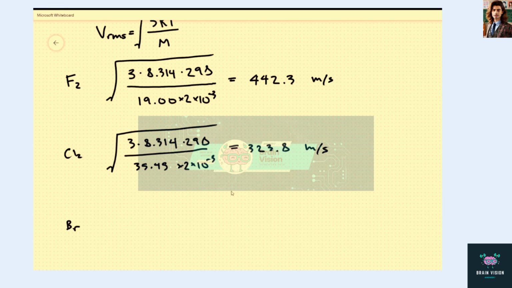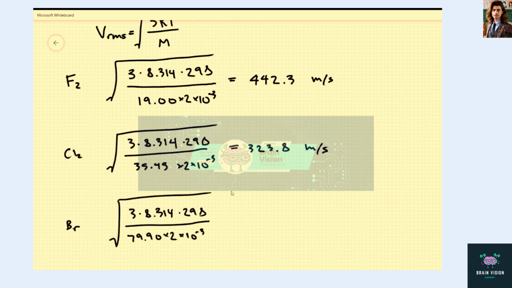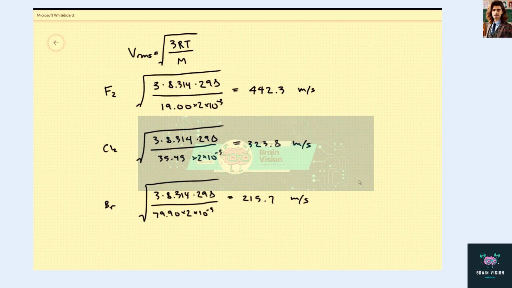Finally, you got bromine. You plug this in and you get 215.7 meters per second. Okay. And so this is the answer to part A.